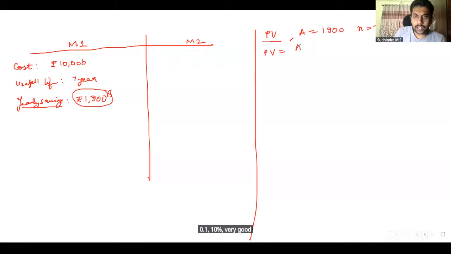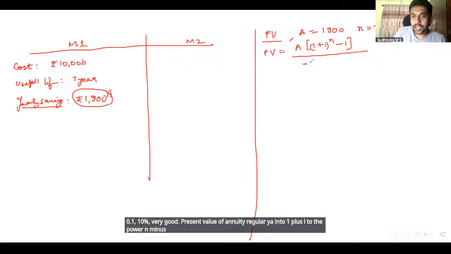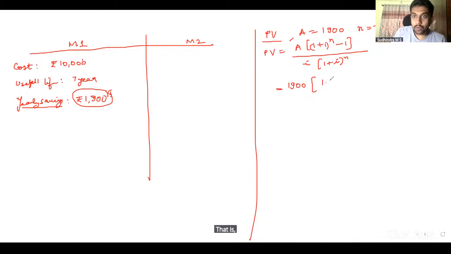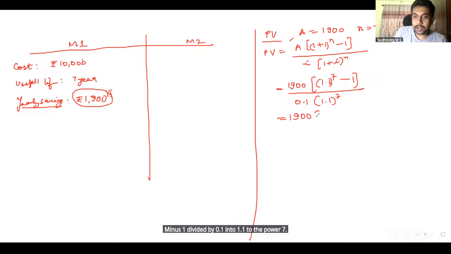Present value of annuity regular: A into (1 plus I to the power n minus 1) divided by I into (1 plus I to the power n). That is 1,900 multiplied by (1.1 to the power 7 minus 1) divided by 0.1 into 1.1 to the power 7. 1.1 to the power 7 is 1.94871.